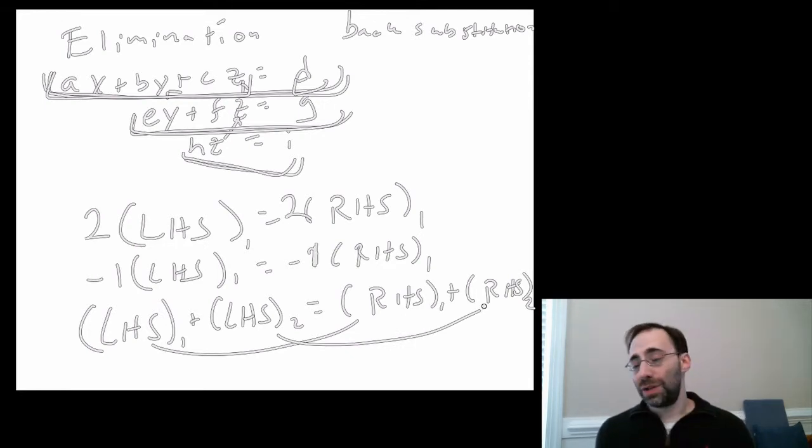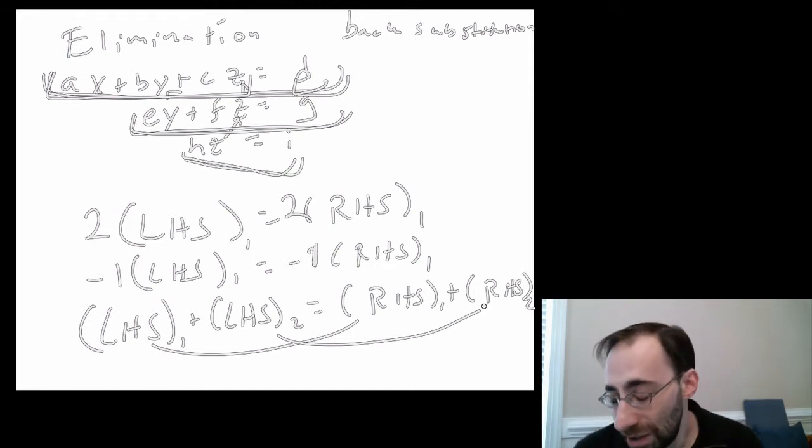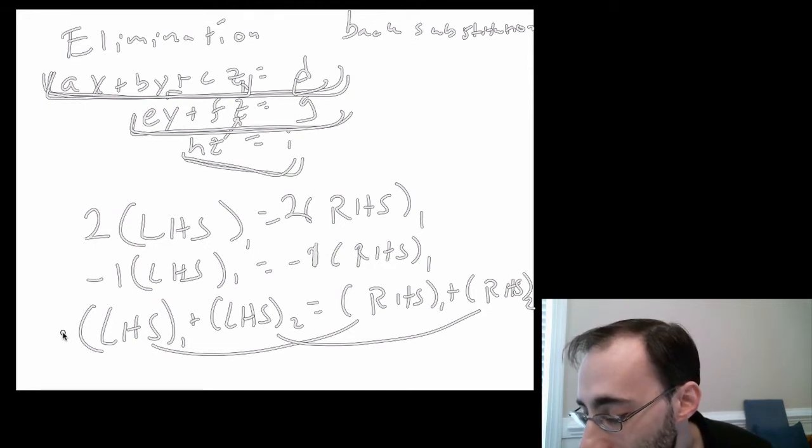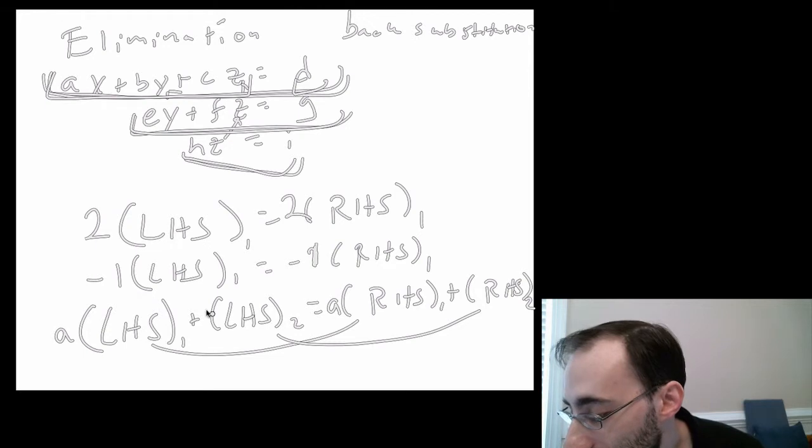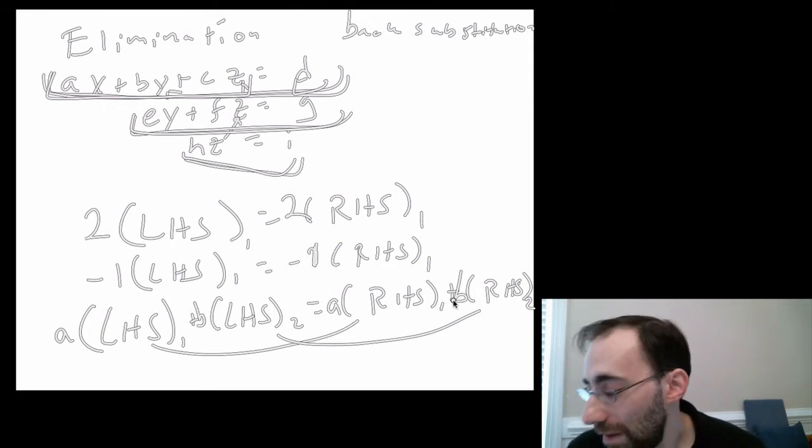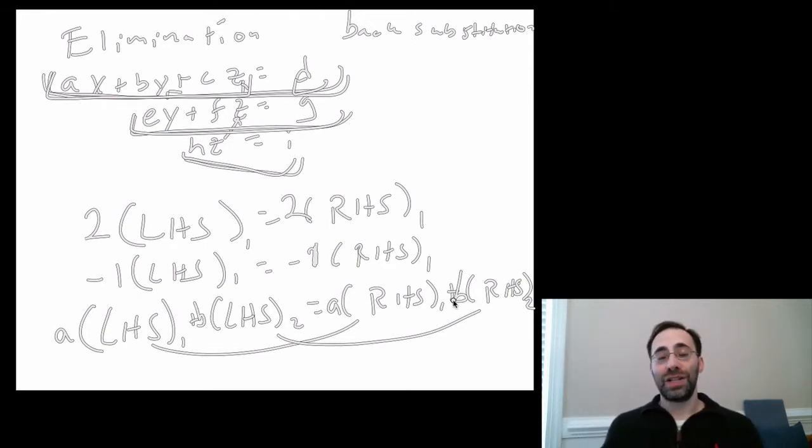And in fact, the same thing is true for multiplication and addition. So for instance, if I have a constant a over here and then a constant b over here, even if b is negative, that also works just fine. In a nutshell, I can take any linear combination, because that's what these are, linear combinations, not by accident.